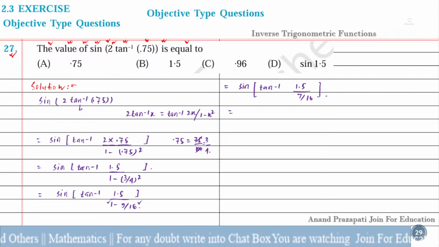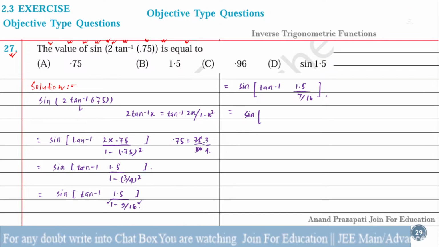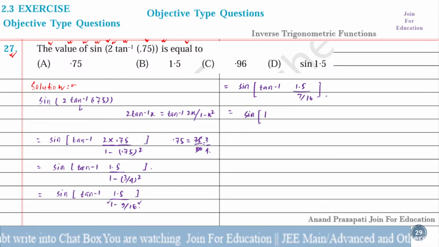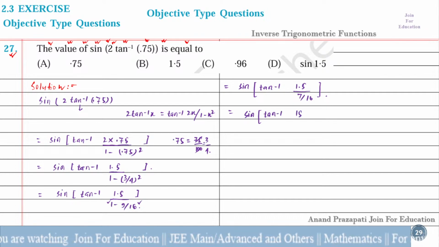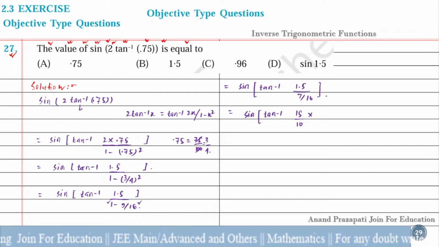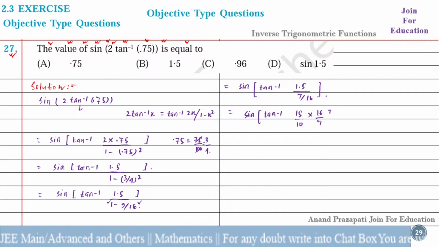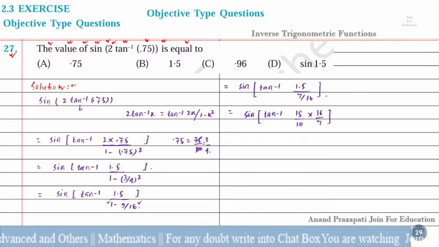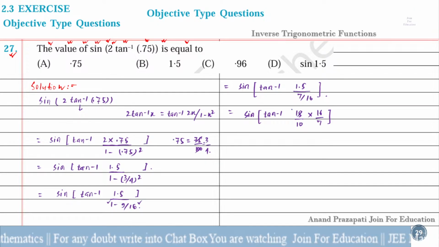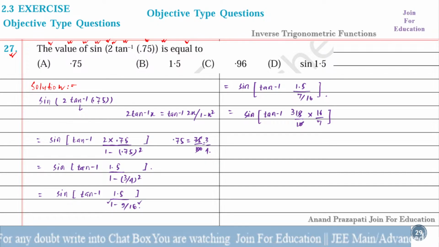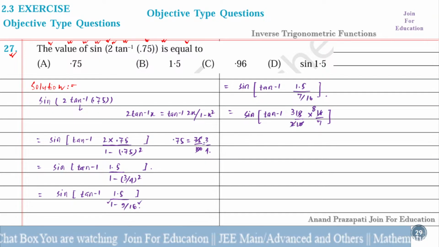So we write down here sin tan inverse 15 by 10 into 16 by 7. After there is no problem to understand up to this step. 5 3 ja 5, 2 ja 10, 2 8 ja.